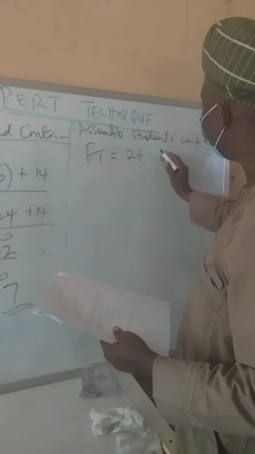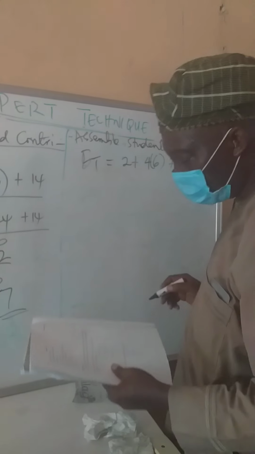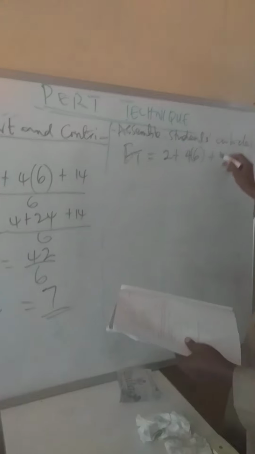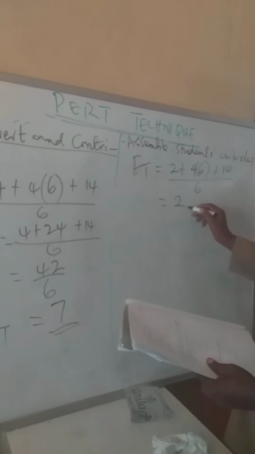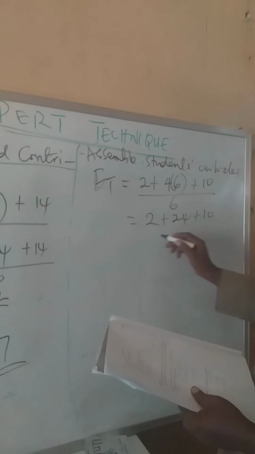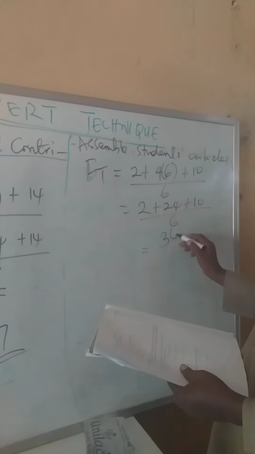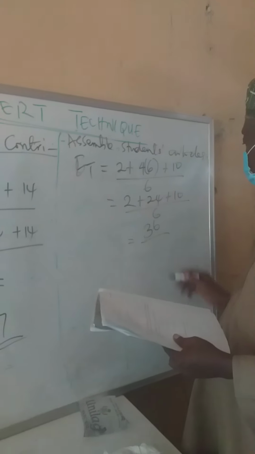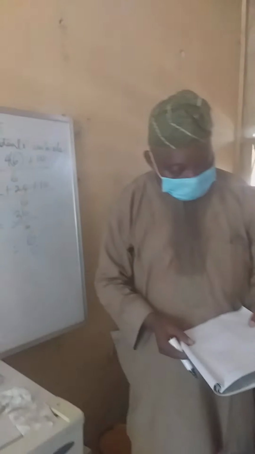Our LT is 6, 4 times 6, plus PT. Our PT is 10. Everything over 6. That's going to be 2 plus 24 plus 10 all over 6. That will give you 36 all over 6, and this one will give 6 months.